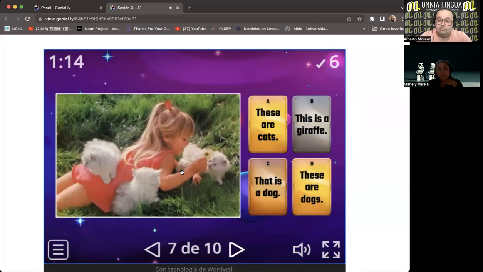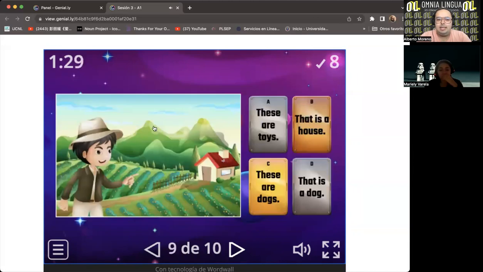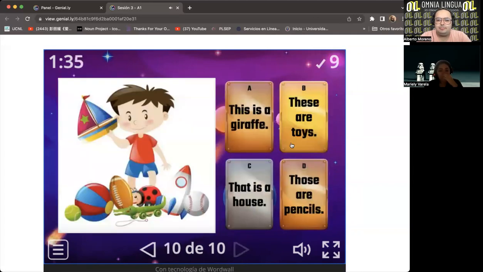These are cats. Very good. Then this is a book. Excellent. Then that is a house. These are toys.